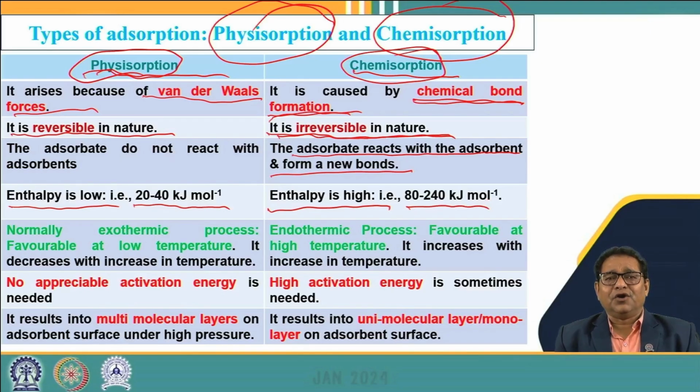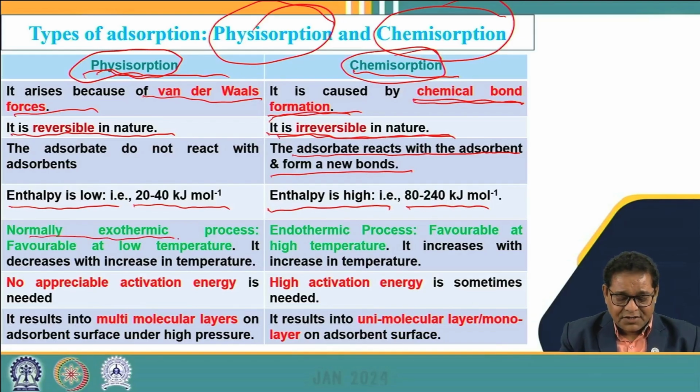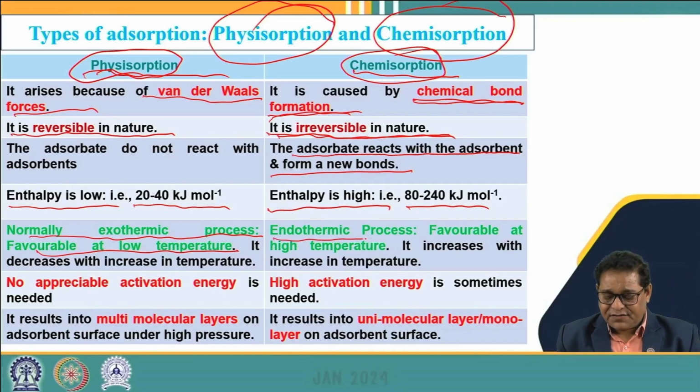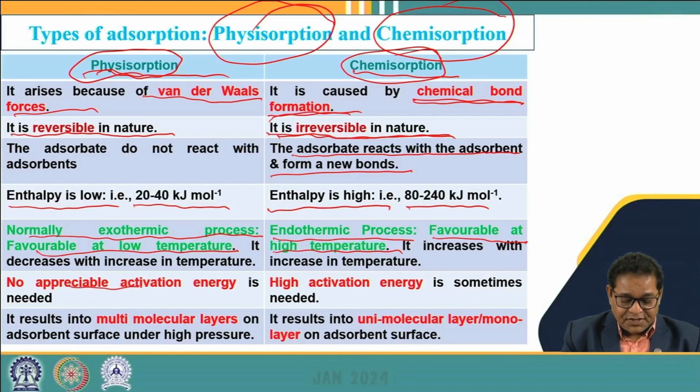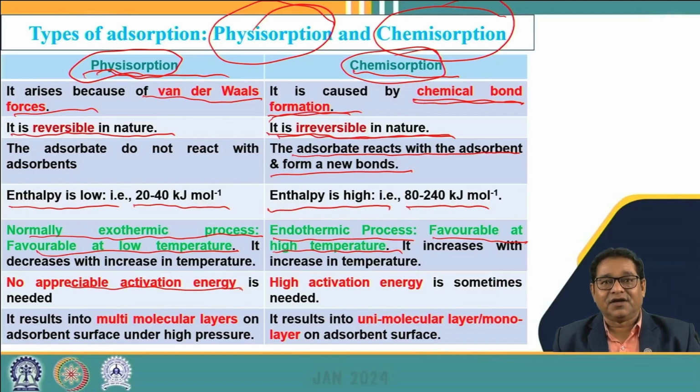If we talk about the heat of adsorption, physisorption is normally an exothermic process favorable at low temperature, whereas chemisorption is an endothermic process where the rate of adsorption increases with an increase in temperature. Similarly, no appreciable activation energy is required in physisorption, whereas chemisorption requires high activation energy to start the process.